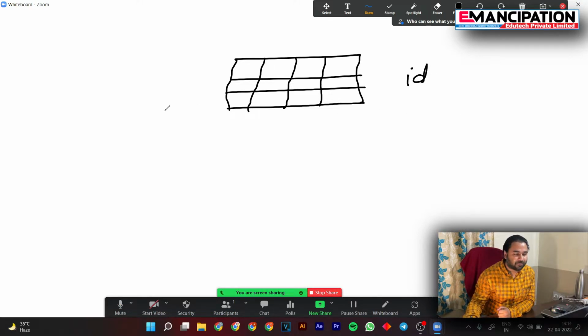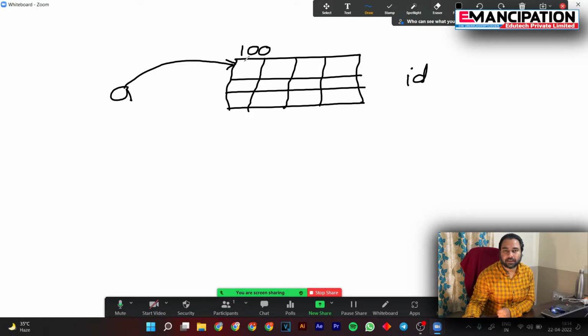Now, say for example, if I have a variable A, an identifier A, it points to a memory block, and that memory block is identified by an identifier, and that identifier has a name, has an address, has a value.